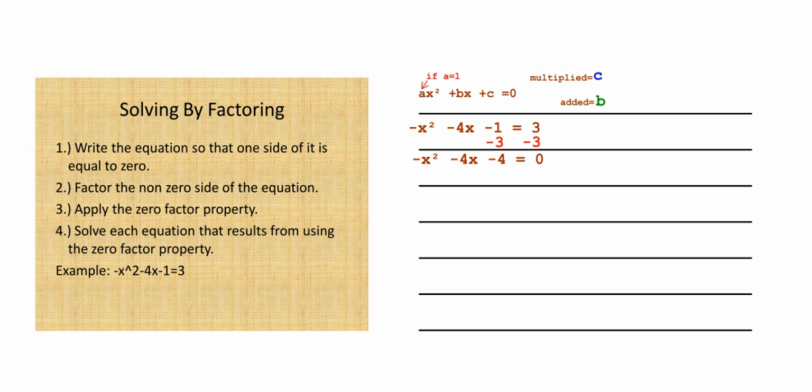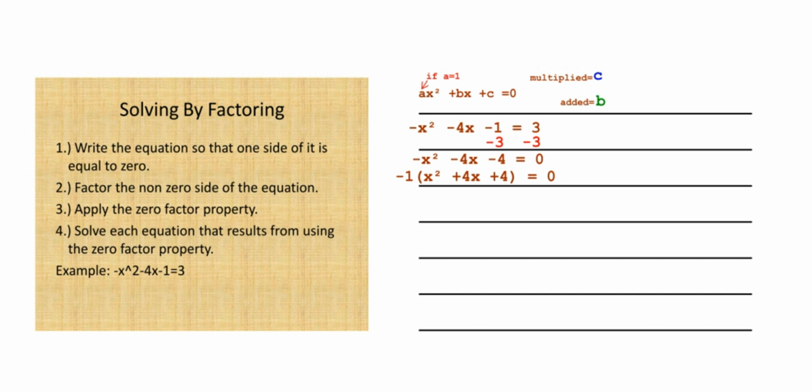Okay, so it looks like all three terms have a negative sign. If we keep it with a negative, that's going to make it a little more complex, because a would not be equal to 1. A would be equal to negative 1, and then we'd have to find a multiple. So how about if we factor out a negative 1, or a negative, from all three terms?